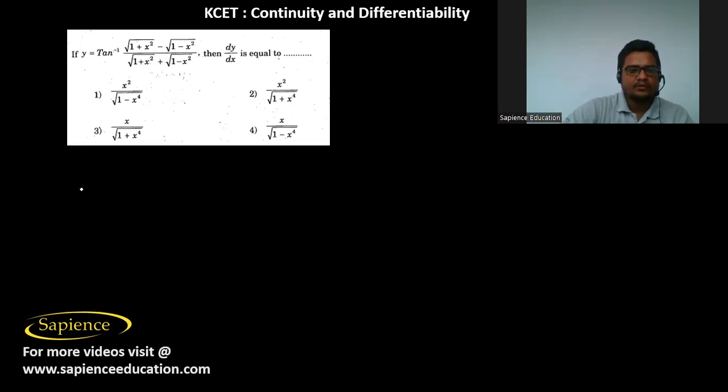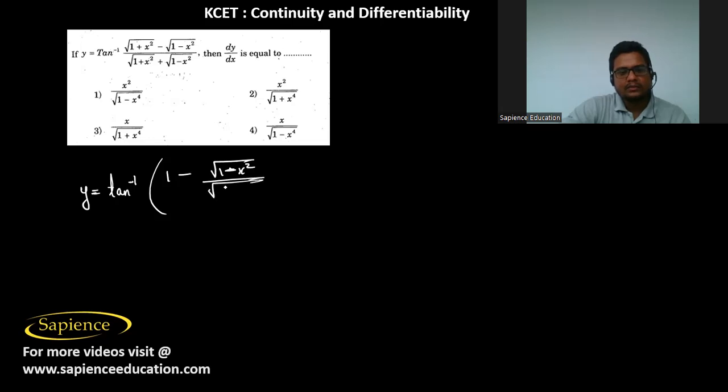Now here this y can be written as tan inverse of, if we divide the numerator and the denominator with root over 1 plus x square, then we will get that y is equal to tan inverse of 1 minus root over 1 minus x square by root over 1 plus x square divided by 1 plus root over 1 minus x square by root over 1 plus x square.